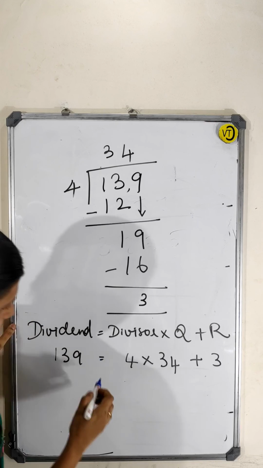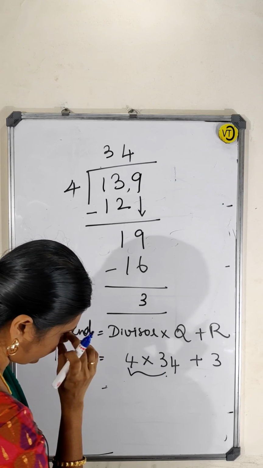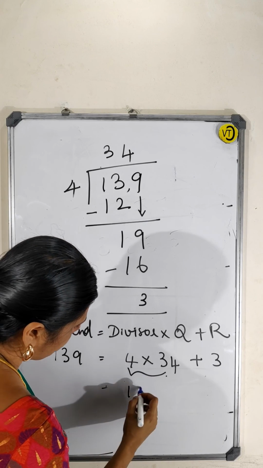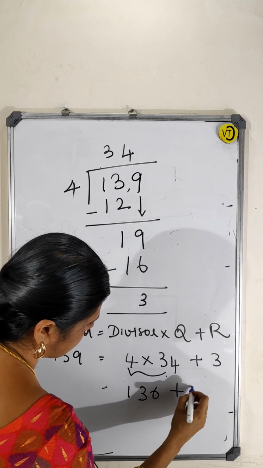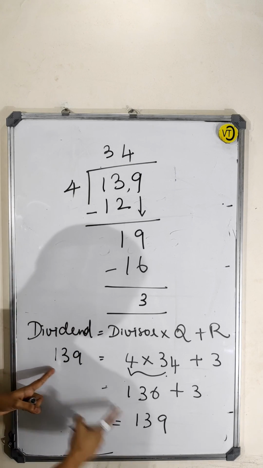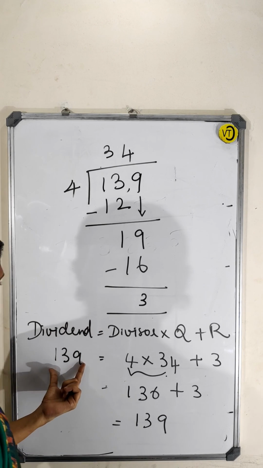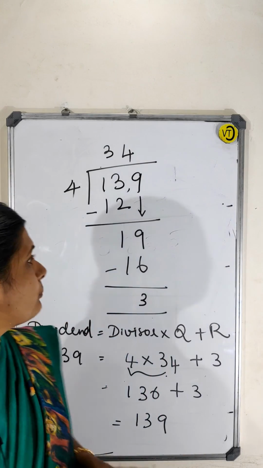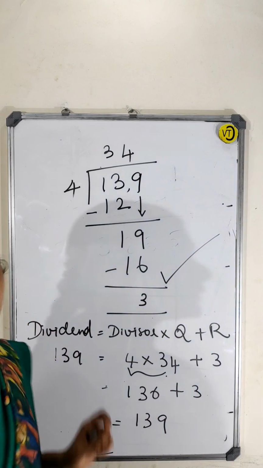So first I am going to multiply 4 into 34, which is 136 plus 3. It is 139. Yeah, I got a correct answer. This left hand side is equal to right hand side. So my answer is 100% correct.